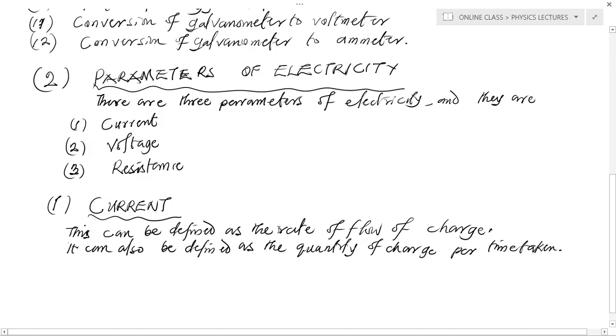Anytime you say rate of anything, it means over time. If I say rate of pencil, it means pencil over time. Here I said rate of charge, it means the charge per time taken. Now let's go mathematically.